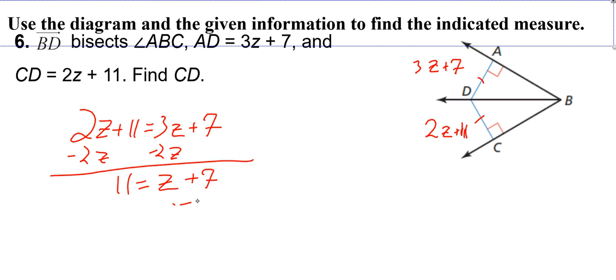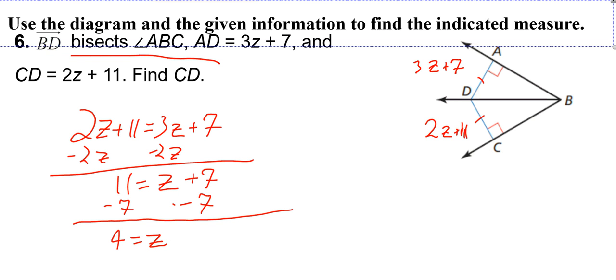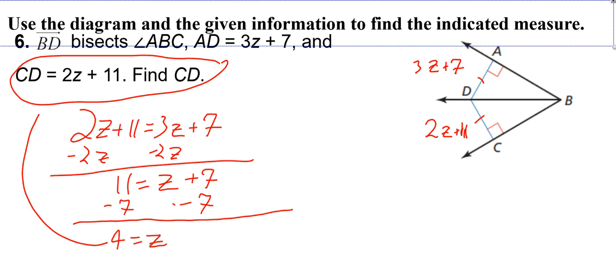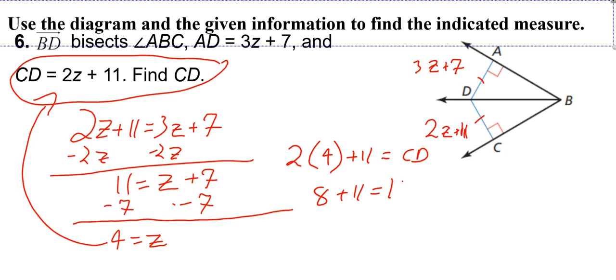Get all my constants on the other side. I'm going to move 7 over by the subtraction property of equality, so I get 4 is equal to Z. Now I can substitute that in up here, so I get 2 times 4 plus 11 equals CD. This is 8 plus 11 equals 19, which is equal to CD.